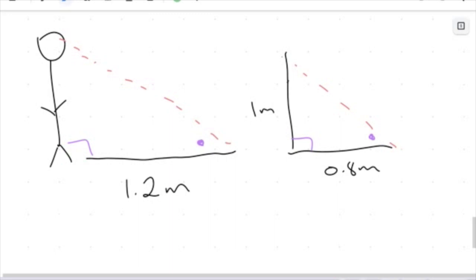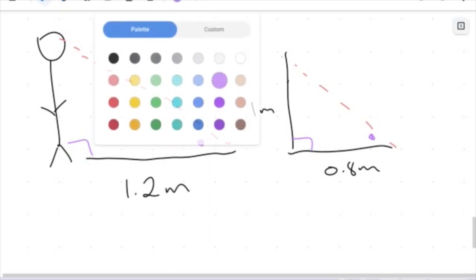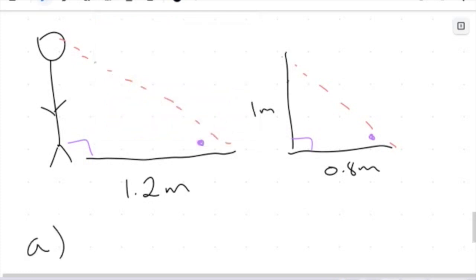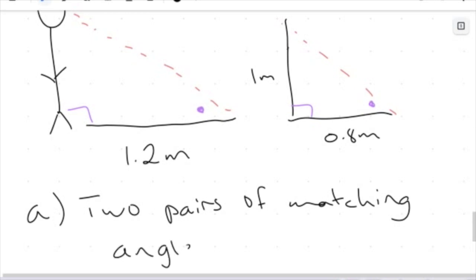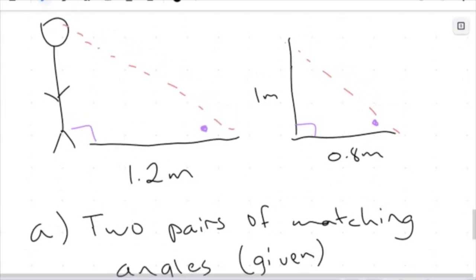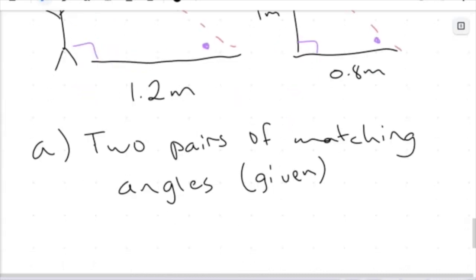So to say they are similar, for part A, we have two pairs of matching angles. And that's given in the question. So, remember, all we need is two angles to say that are equal, to say that two triangles are similar.